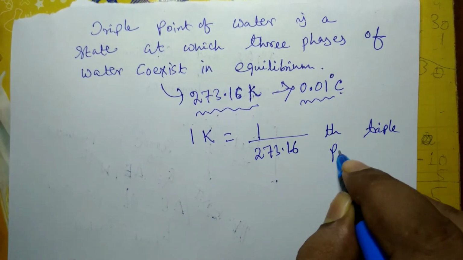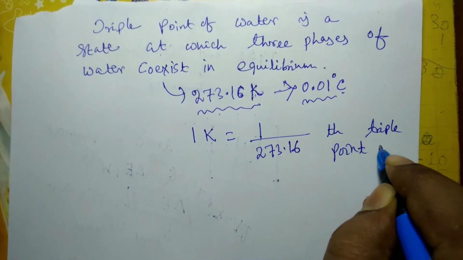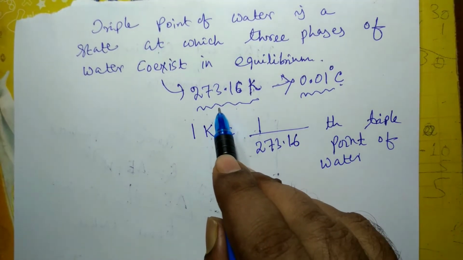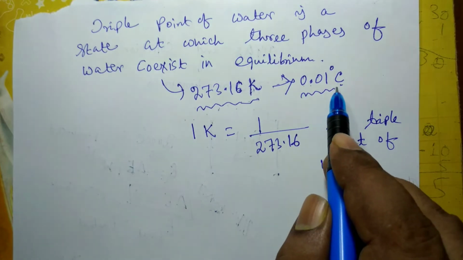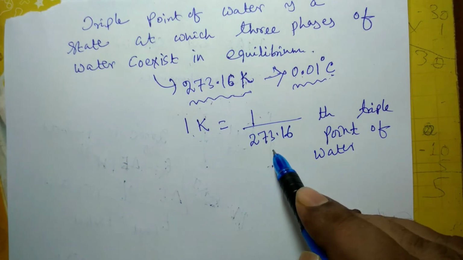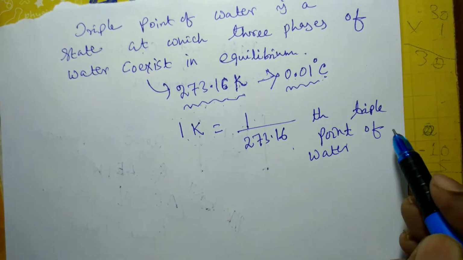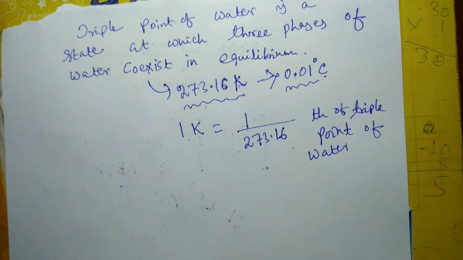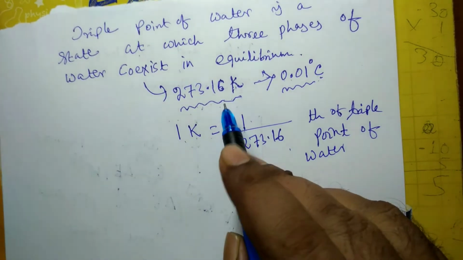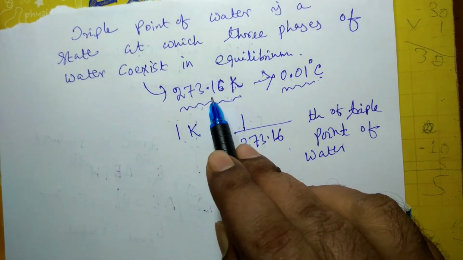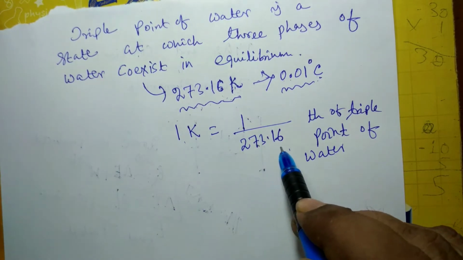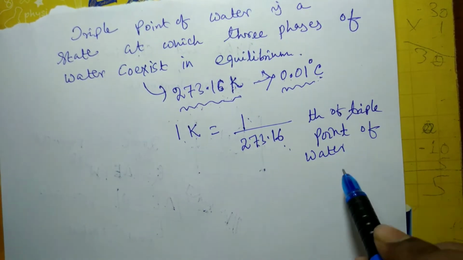If the triple point of water is 273.16 Kelvin or 0.01 degree Celsius, then 1 Kelvin will obviously be 1 upon 273.16 of the triple point of water. It's obvious, because if the triple point of water is 273.16 Kelvin, then 1 Kelvin will be 1 upon 273.16 of the triple point of water.